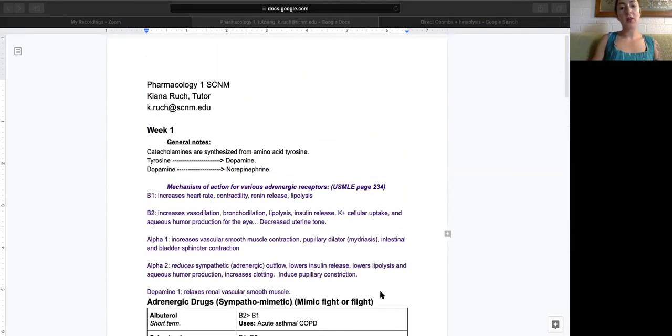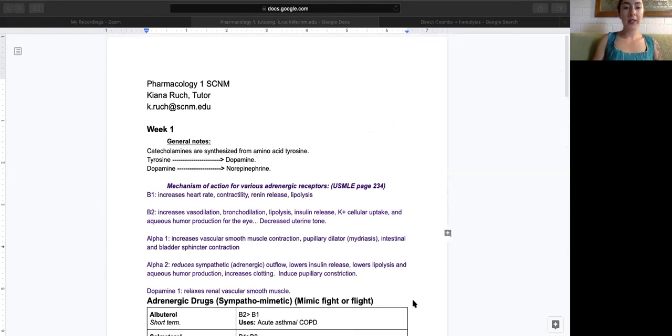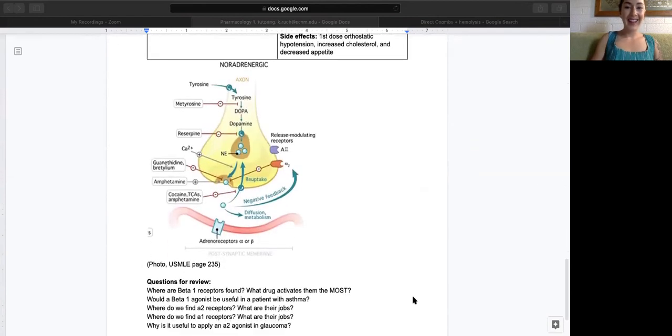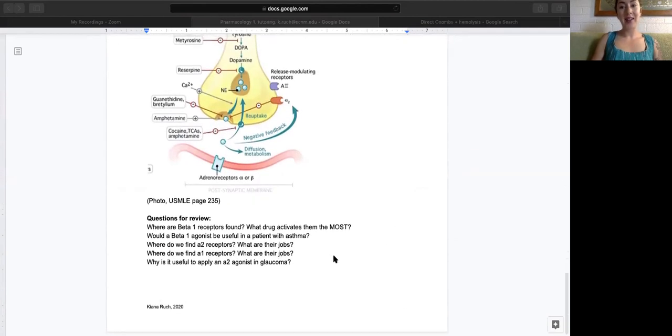Specifically, they increase vascular smooth muscle contraction, dilate the pupils, and stop the intestinal tract from moving and also contract the bladder. So they're increasing the blood pressure by vascular smooth muscle contraction and stopping you from going to the bathroom when you're running away from a tiger. That is the job of alpha-1. And also dilating the pupils so you can see in the dark.